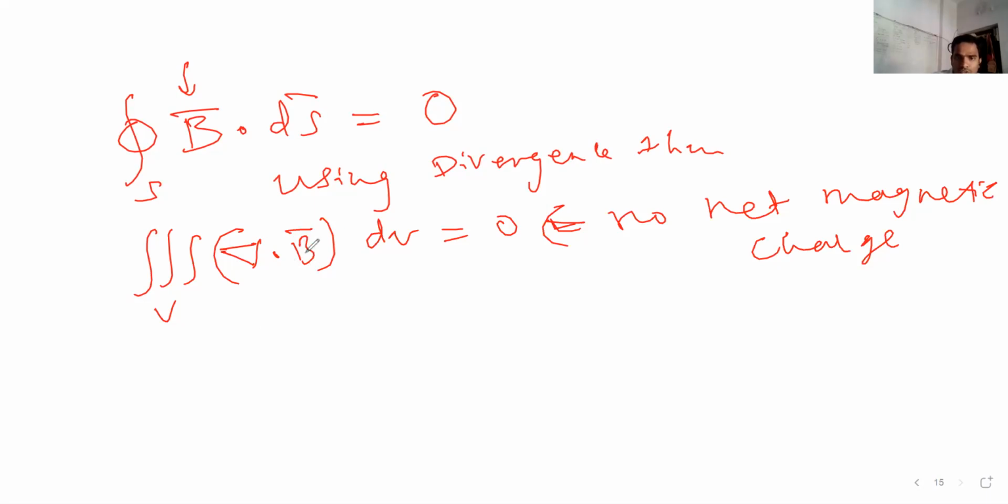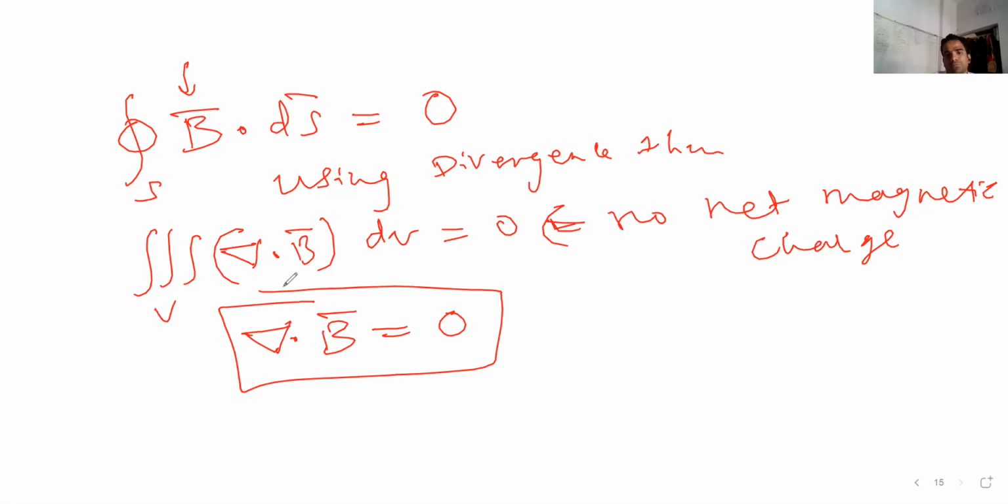Because there is no net magnetic charge, compare this with del dot D bar equals rho v, where rho v is the volume charge density. But here there is no rho v, so the net magnetic charge is 0. So what we get is del dot B bar is 0.